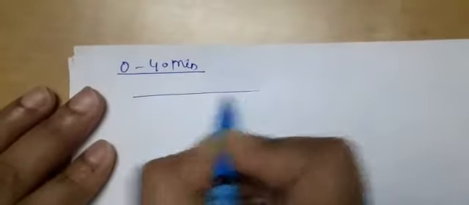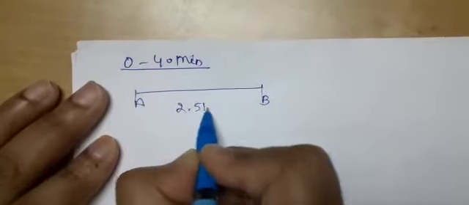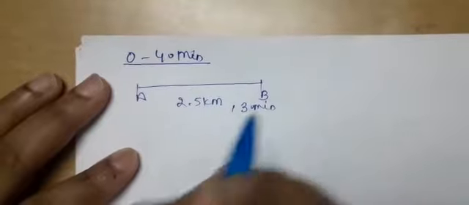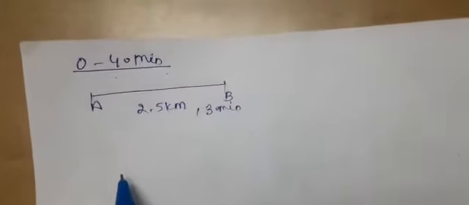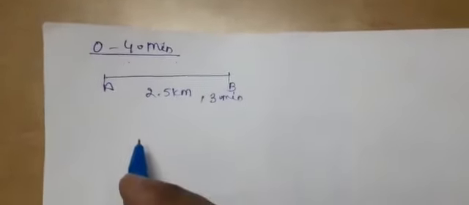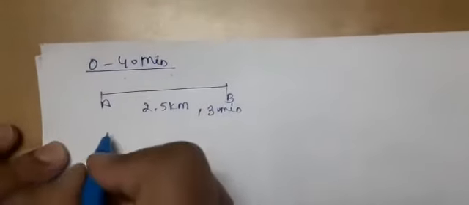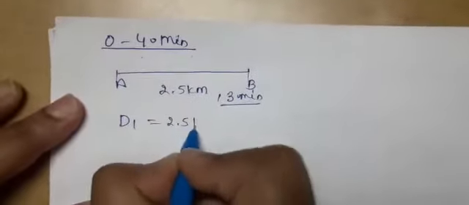See here. When going from A to B, the distance was 2.5 kilometer. It was covered within a time of 30 minutes. But now remaining 10 minutes. What amount of distance has the person covered within the remaining 10 minutes? So we have to calculate that particular distance. So first of all, distance covered in 30 minutes is 2.5 kilometer.